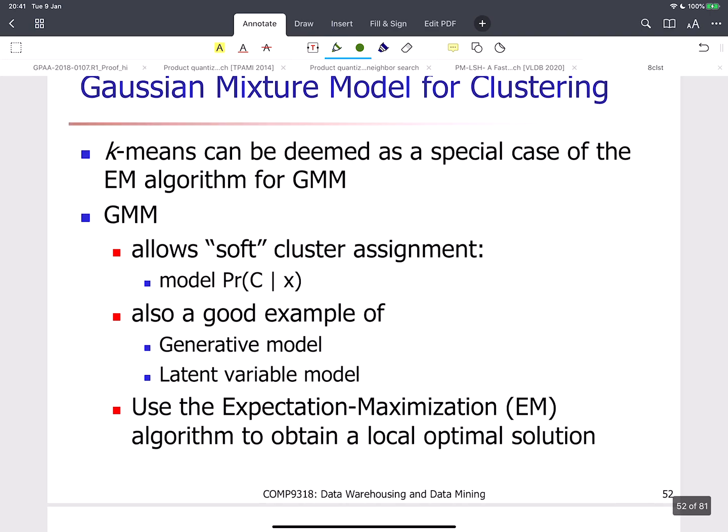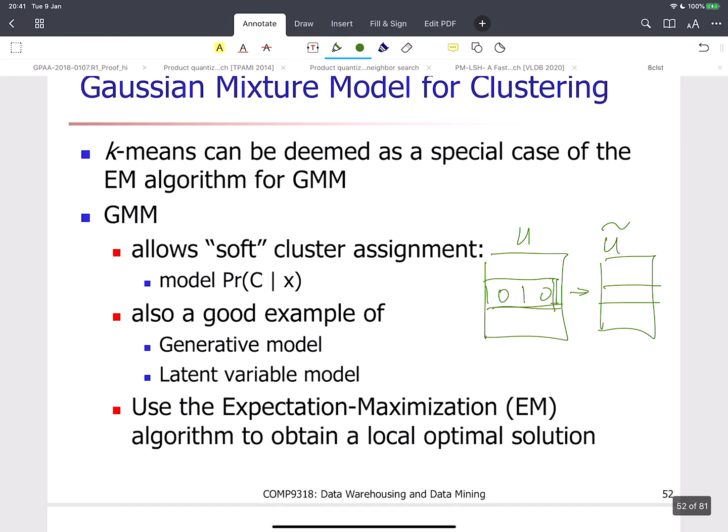So basically, the general idea is that if you still remember the U matrix, previously it must be one-hot encoding. Now we relax it so that each row is a probability distribution.